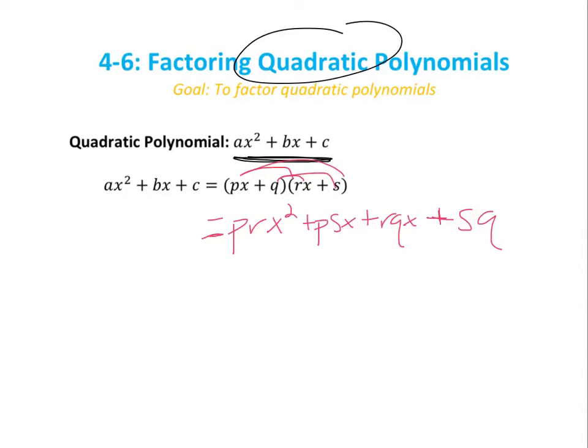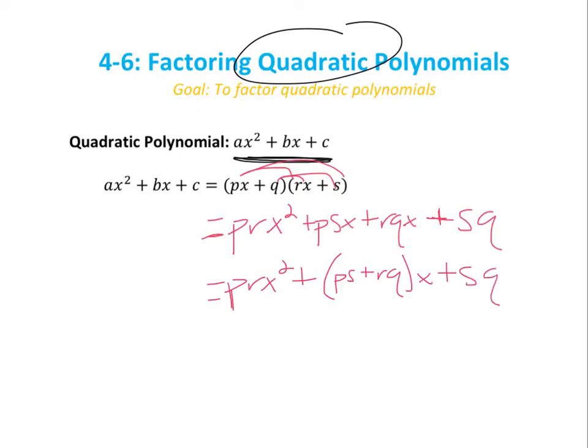Now we can combine the two in the middle, because they both have an x in them. The PRx squared stays the way it is. Combining those gives parentheses PS plus RQ times x, and plus SQ at the end.